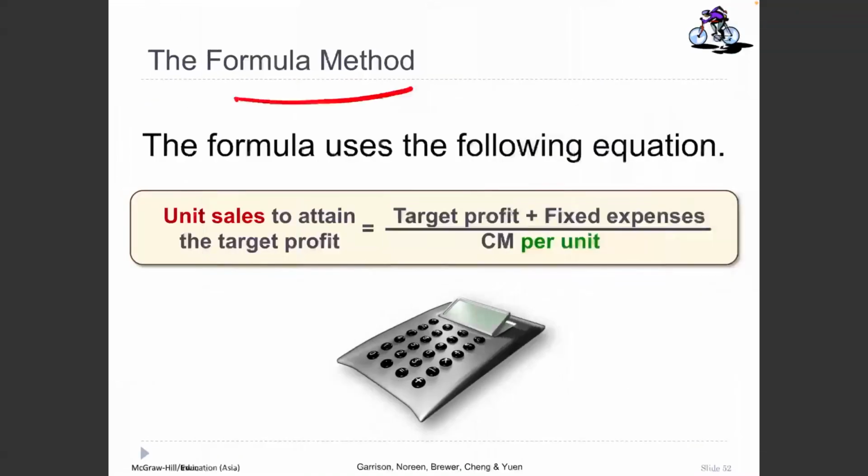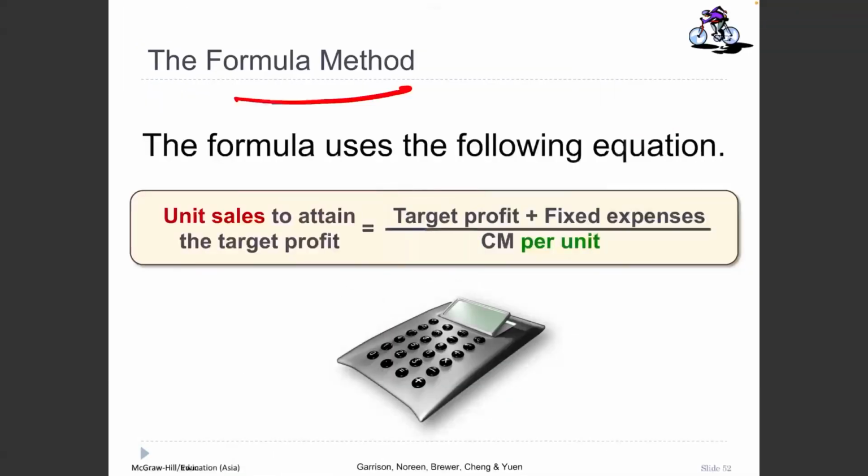If you use the formula method, personally, this is easier for me. Okay, I believe that the formula method is much easier as compared to the equation because they already rearranged the elements just now to have the Q on the left side. Okay, so actually it is the same. This is profit plus fixed expense divided by unit CM.